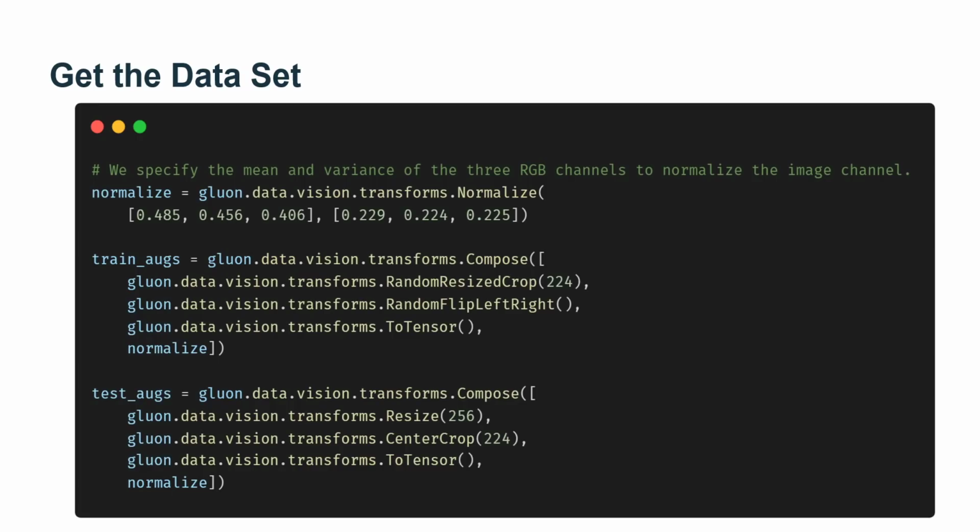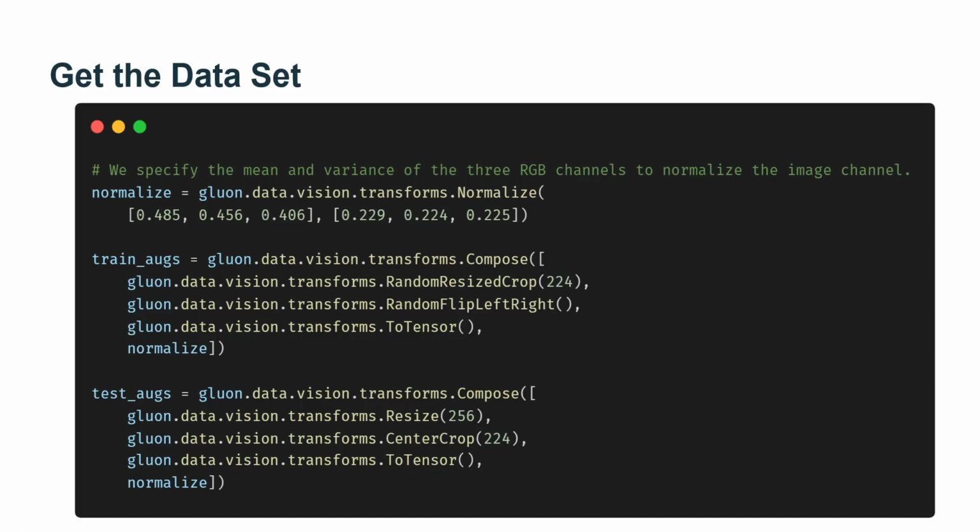During training, we first crop a random area with random size and random aspect ratio from the image and then scale the area to an input with a height and width of 224 pixels. During testing, we scale the height and width of the image to 256 pixels and then crop the center area with height and width of 224 pixels to use as input.